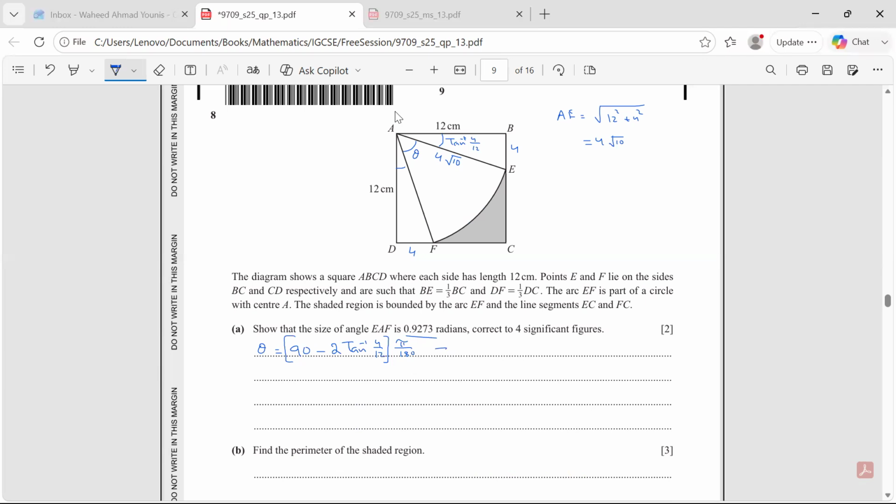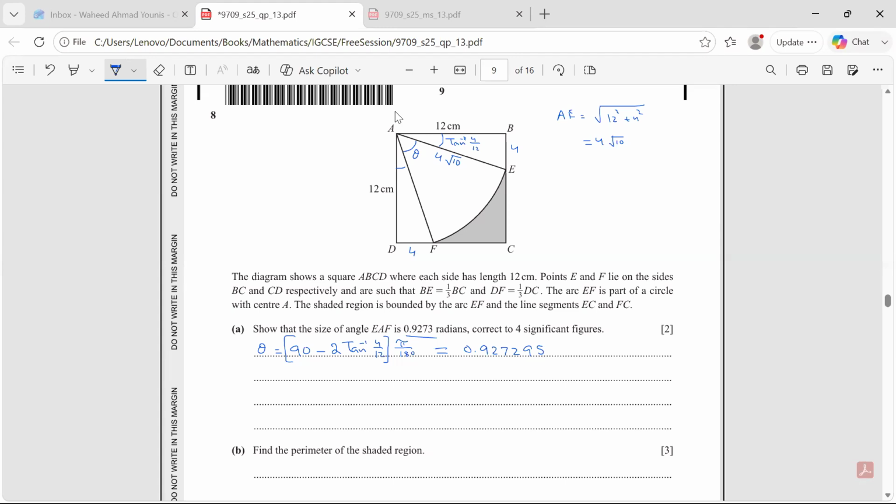If I simplify this, it gives me 0.927295. We can approximate it as 0.9273 to four significant digits. Anyway, this is how we found this angle theta.